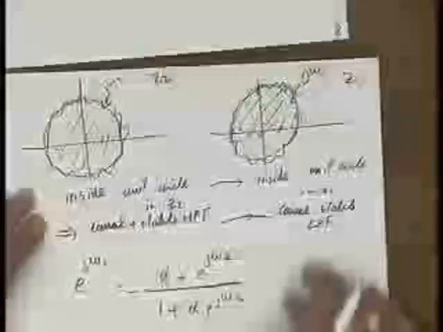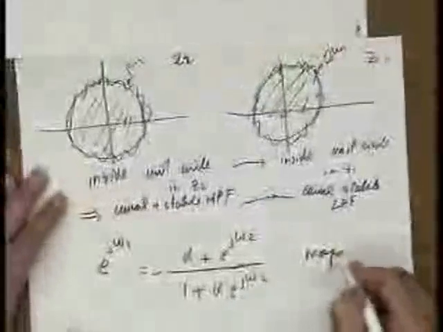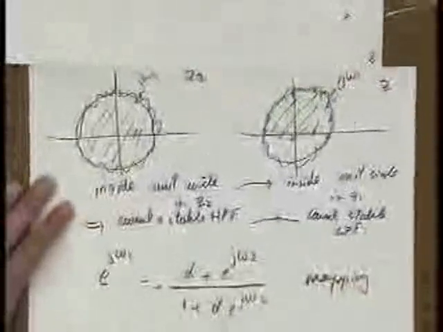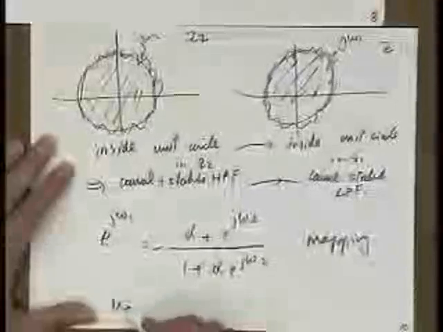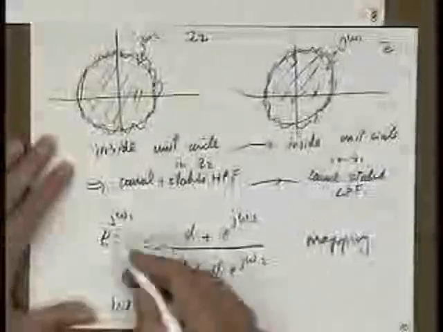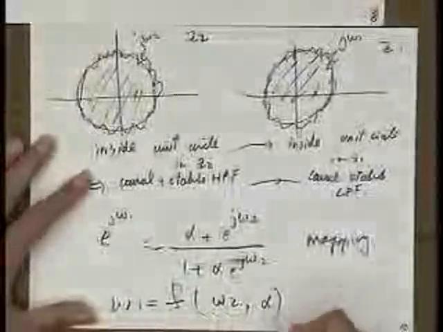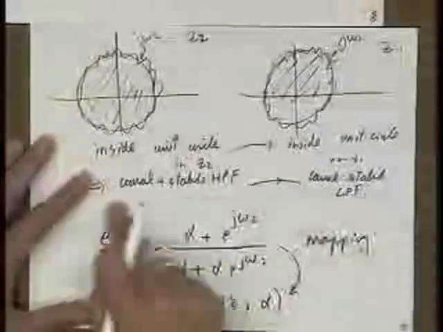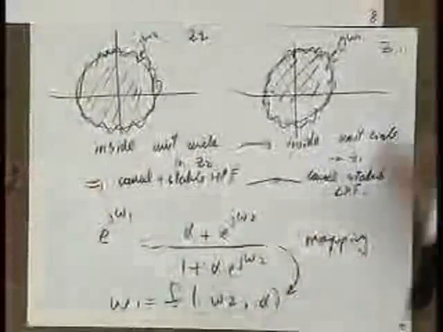Okay, so having this relationship now, this is our mapping. Can you zoom down so I can write down here? So I can say that omega 1 is equal to some function of omega 2 and alpha. From here to here, this function is just a complicated relationship. Okay?